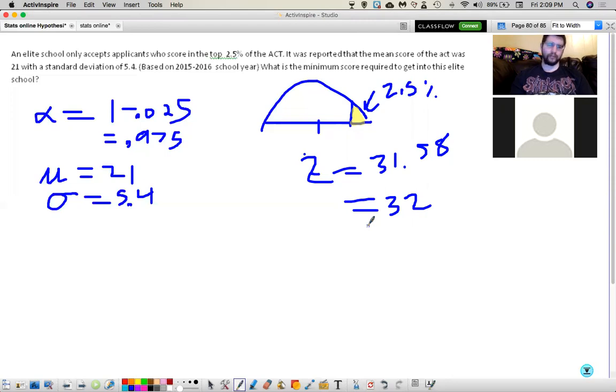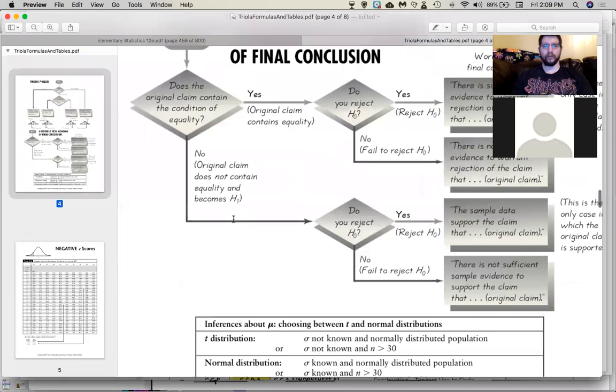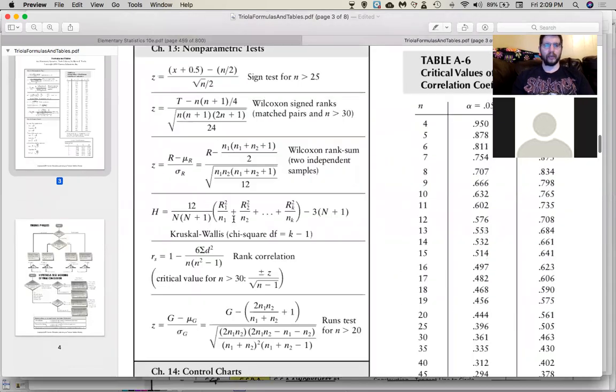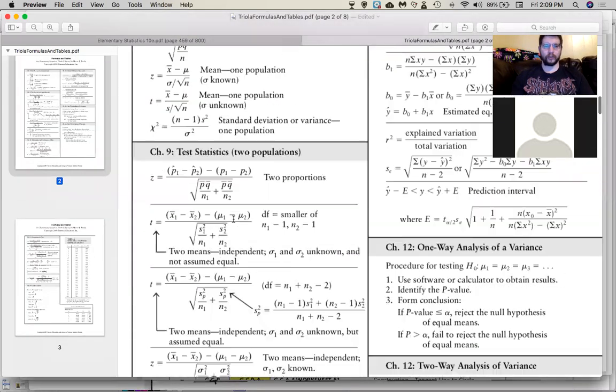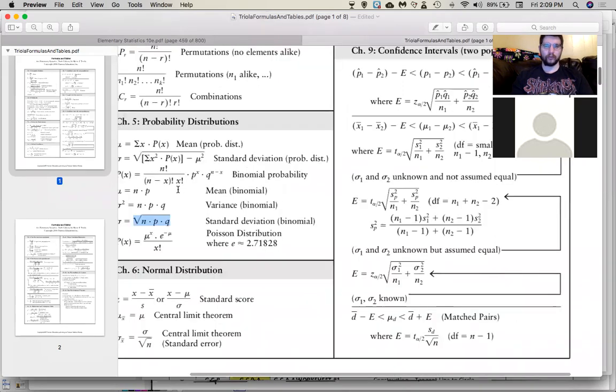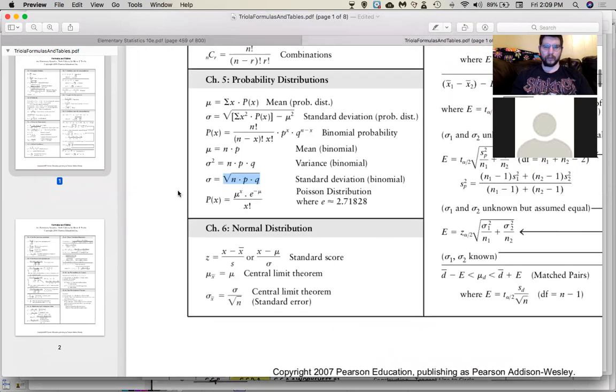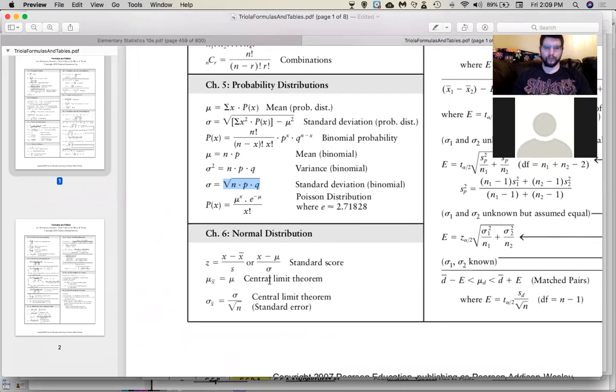To do it by hand, you first convert this thing to a z-score. So if we use our formula, a little bit of algebra, we can get it. I don't know if they might actually have the formula for us. We can just rearrange this one for x. And that's what we'll do. So we rearrange this formula for x.